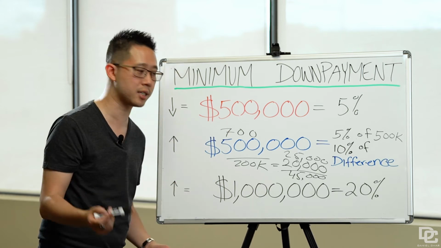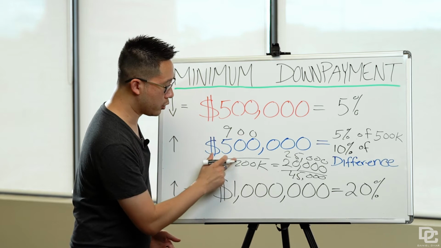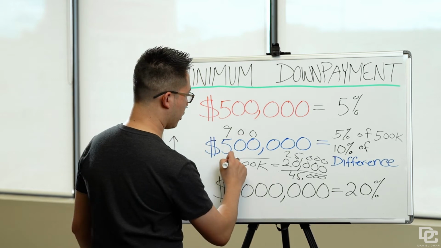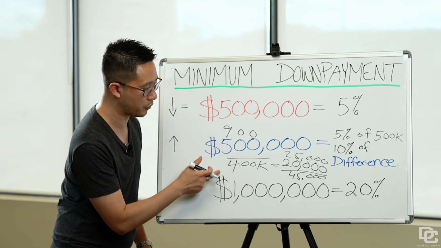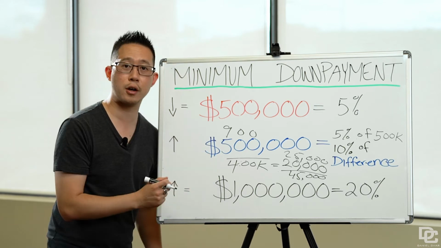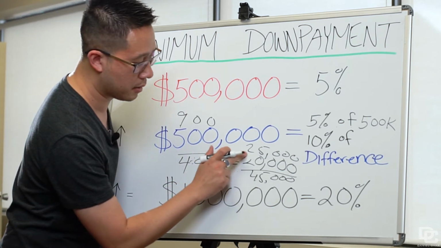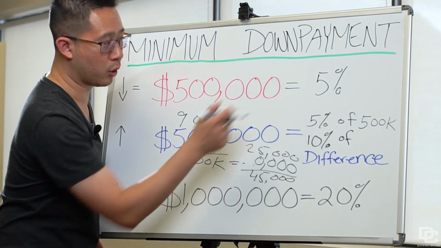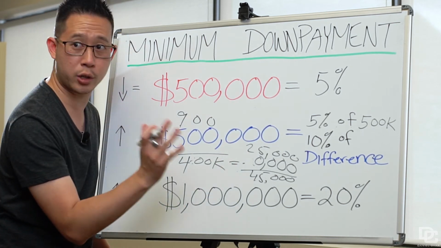Okay, so even if you buy something for $900,000, then you can change the rule up and go 900 minus 500,000 equals 400,000. 400,000, I multiply the 10% difference is $40,000. This first rule always plays, okay? So the 25 grand is always going to be a constant.